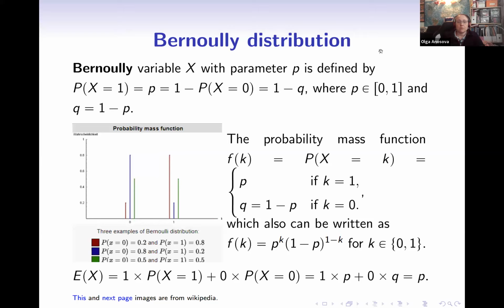And if we know this parameter for one of the outcomes, P, then quite obviously the probability of the other outcome is just 1 minus P, but it's often defined as Q, just to ease up writing down some formulas. And here you can see the probability mass function, which is just P and 1 minus P.